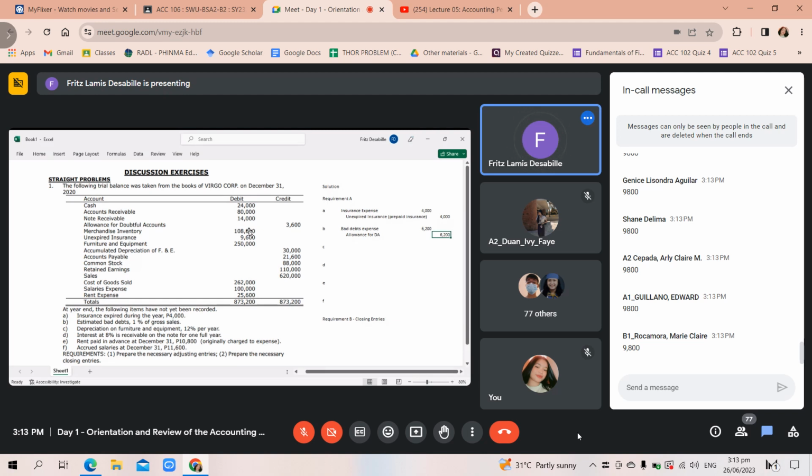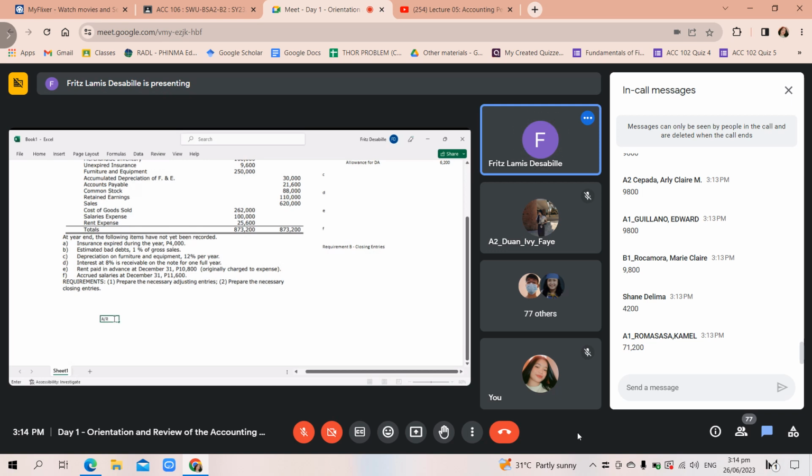How much? That should be, 80 minus 70, pila? NRV guys, kanina lang. NRV is AR gross, which is 80, minus allowance.